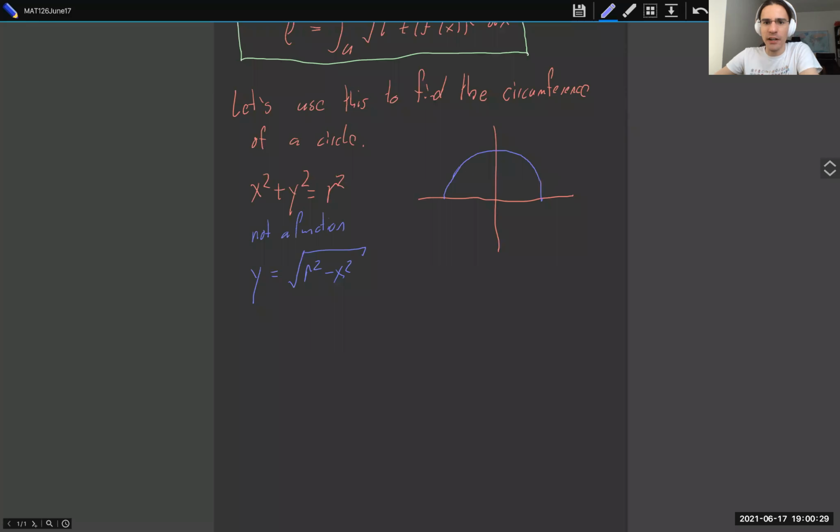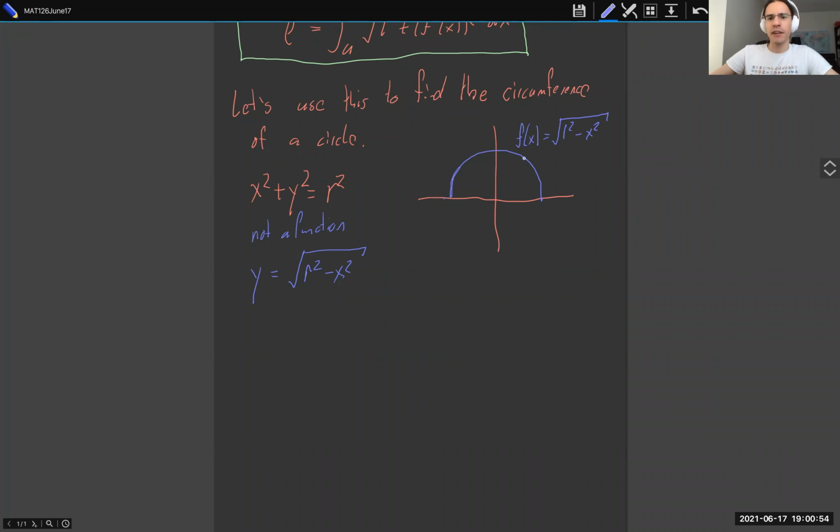Which I'm bad at drawing. Circles are hard. So this is given by the equation f of x is equal to the square root of r squared minus x squared. And so let's find the arc length of this curve.